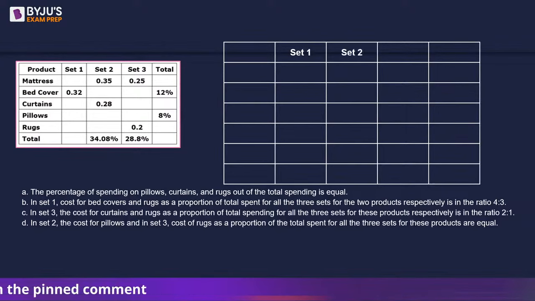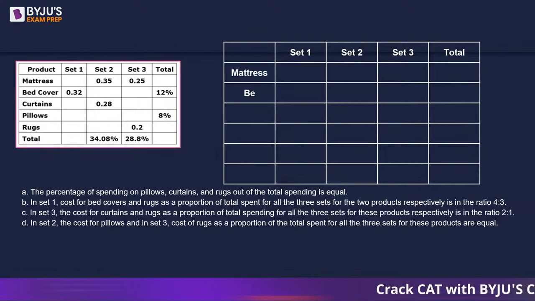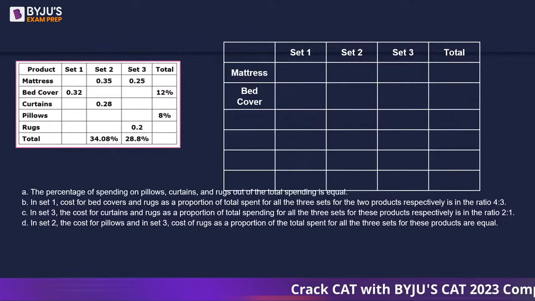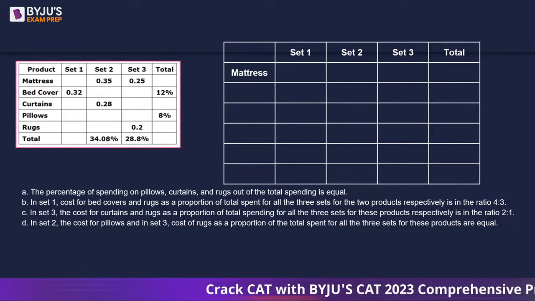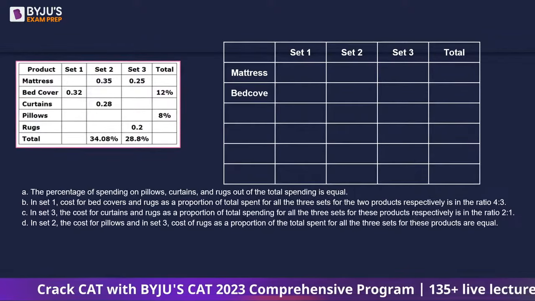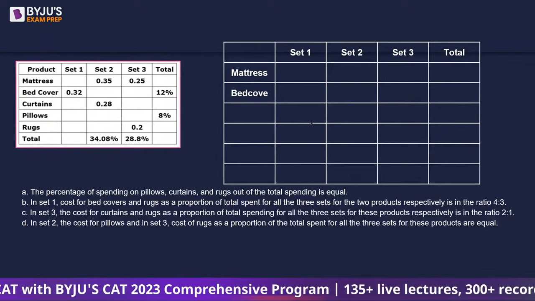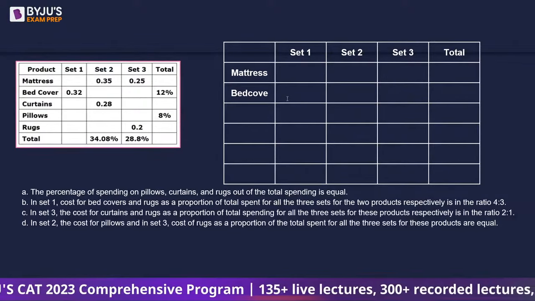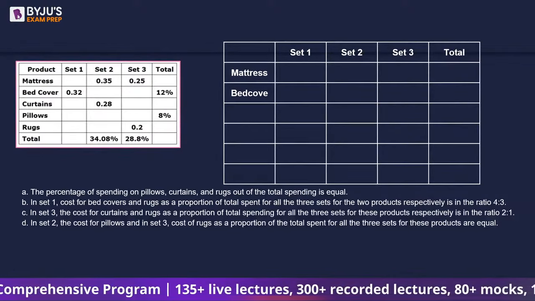So this is set 1, this is set 2, this is set 3, and this one is total. Then we have got mattress, then we have got bed cover. Because if I annotate it, तो दिक्कत ये हो जाएगा कि, see, so what I will do is इसको थोड़ा और छोटा कर देते हैं.